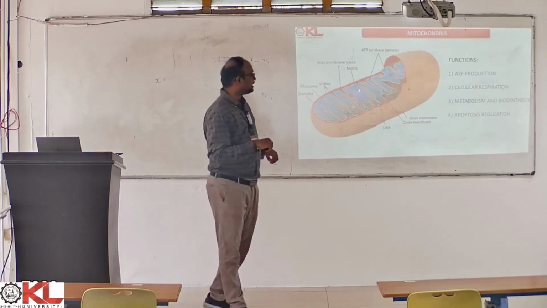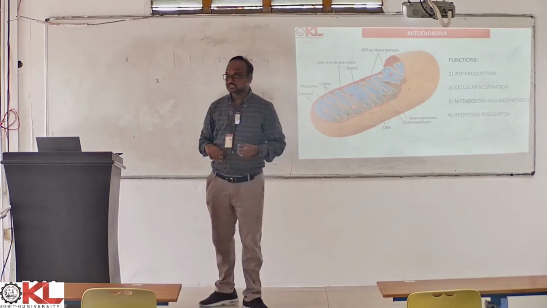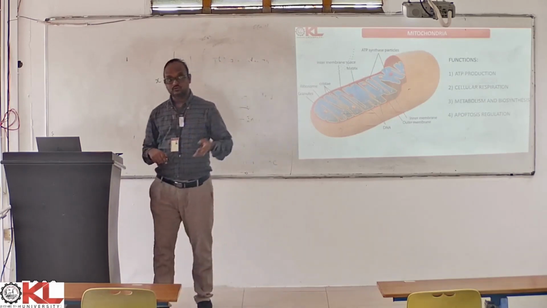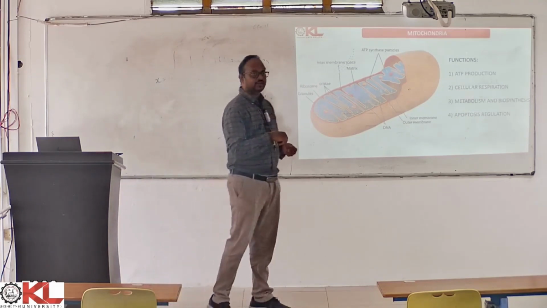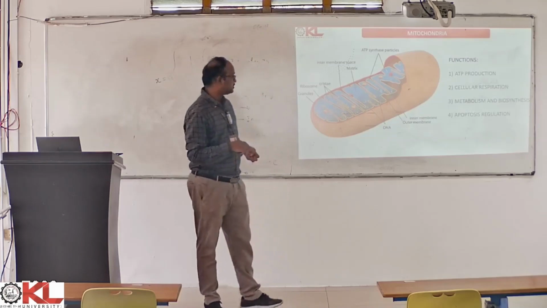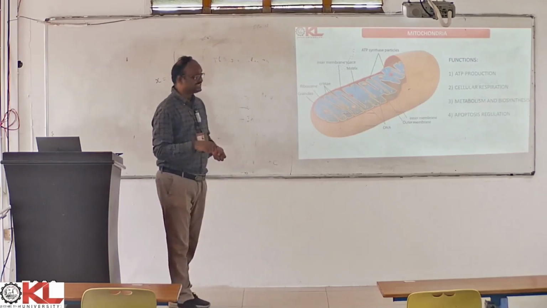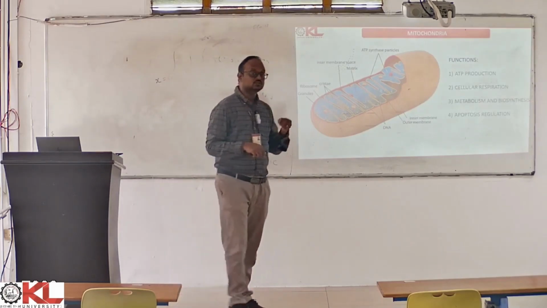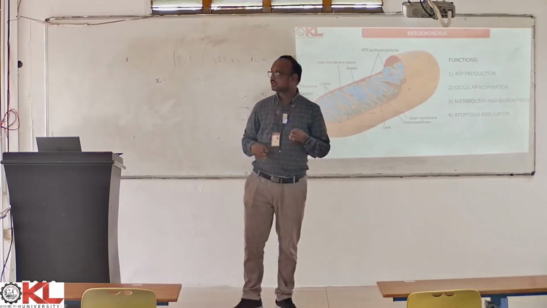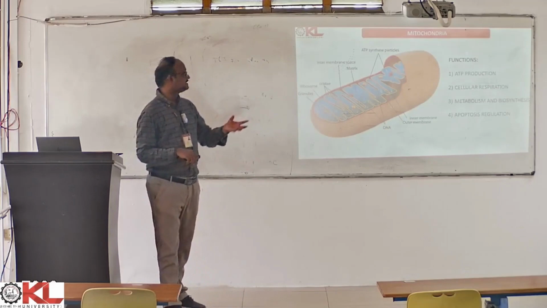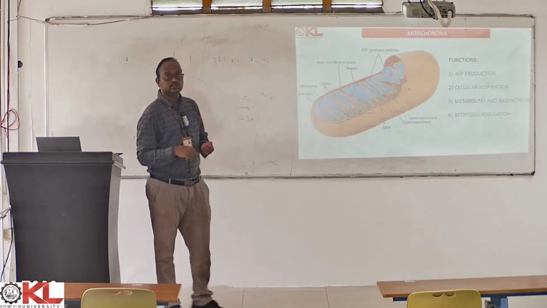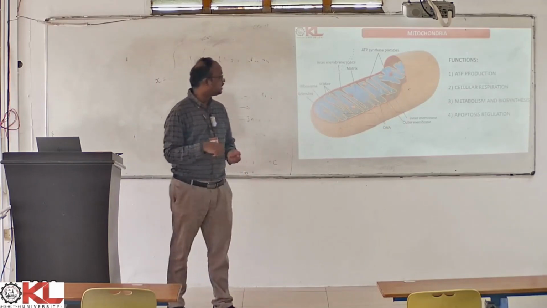So many metabolic pathways are carried out in the matrix, helped by the enzymes synthesized by the mitochondria. And biosynthesis: mitochondria also help in synthesizing heme and other hemoglobin components of the cell. So that's also one major importance of mitochondria.